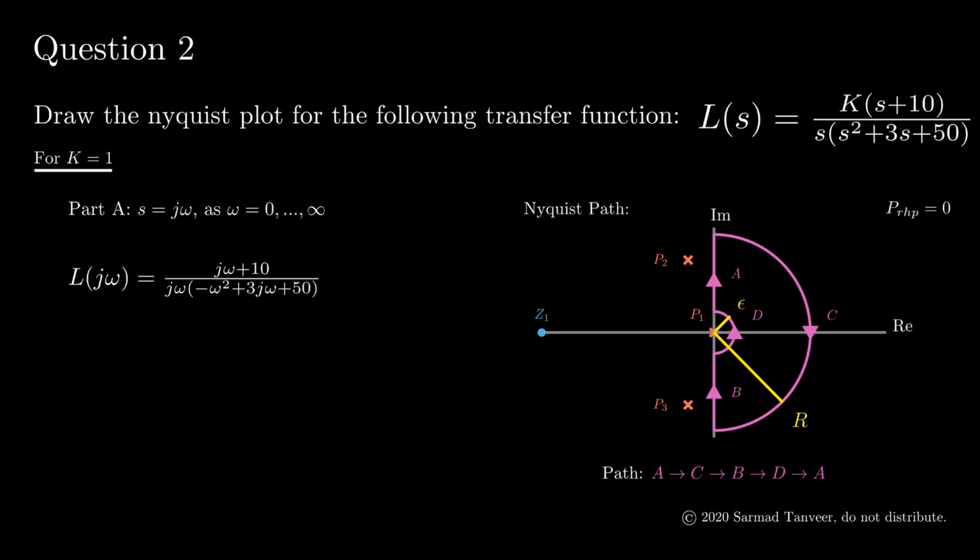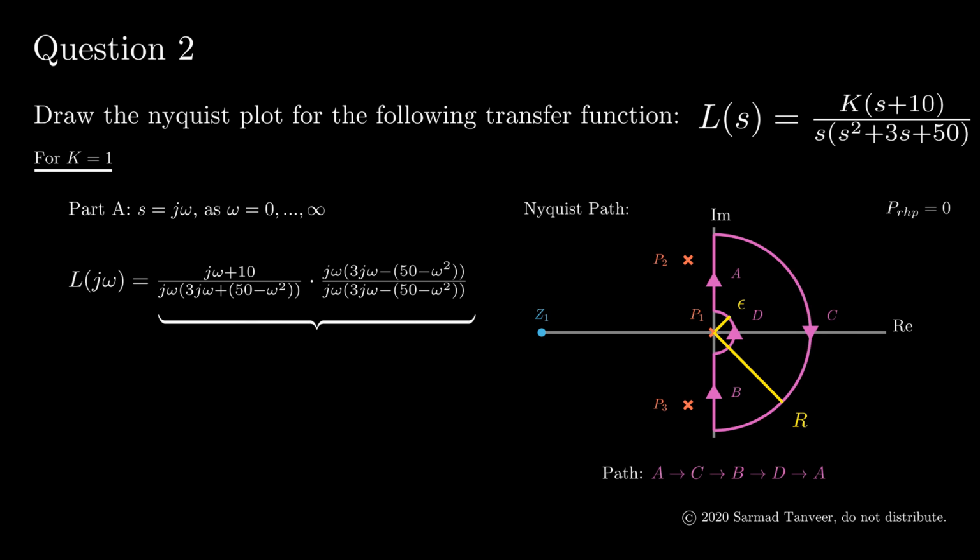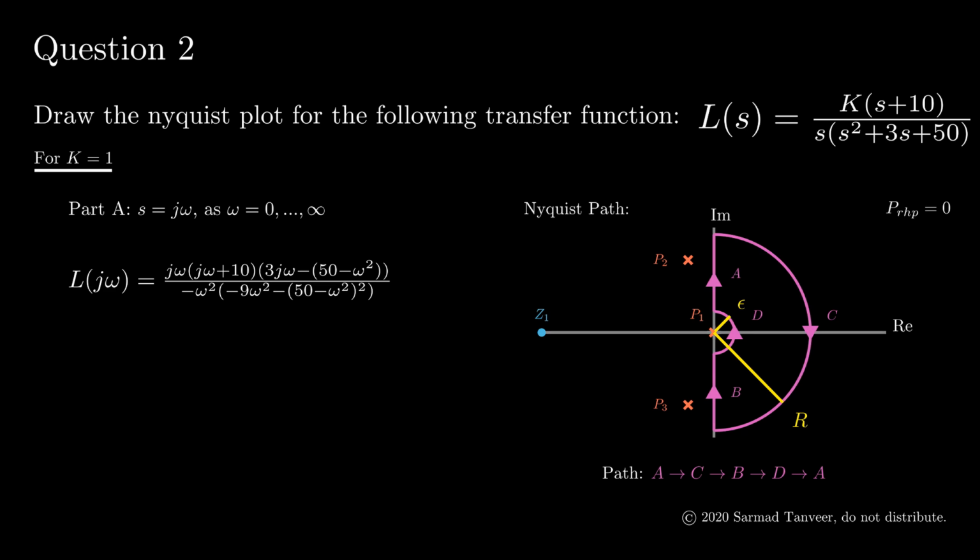After taking some simplification steps, we multiply the denominator and numerator by the complex conjugate of the denominator. This results in a denominator term that is entirely real with no imaginary component. After some simplification steps, this is the final denominator term we end up with.